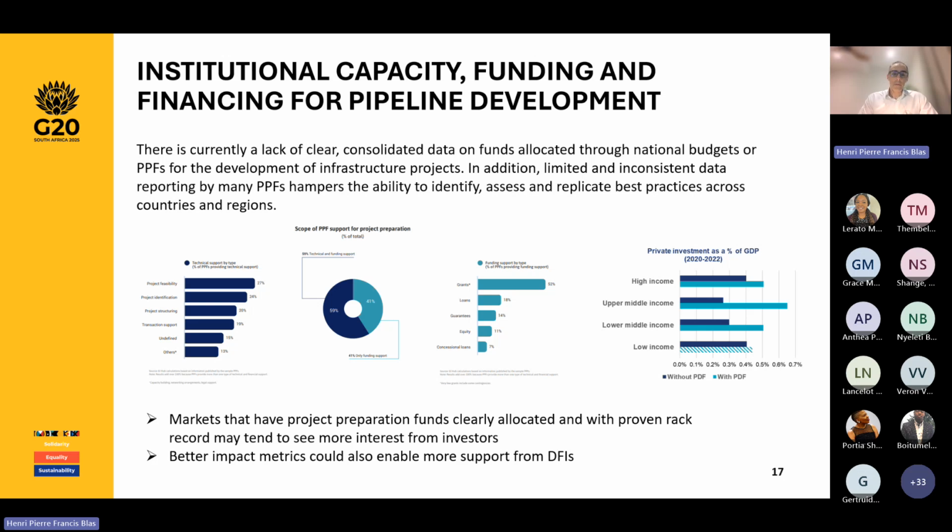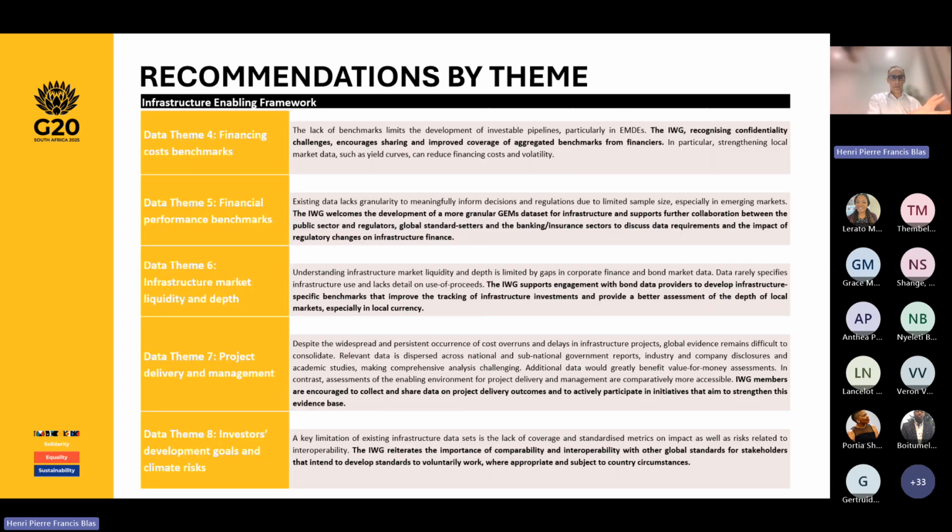So anyone who has good visibility on those project preparation facilities on the African continent and how to find that data, we would be very much interested to hear and connect, because that's obviously very important data from a DFI perspective. So that's for additional capacity funding and financing. Those were the enabling environment type of market data.